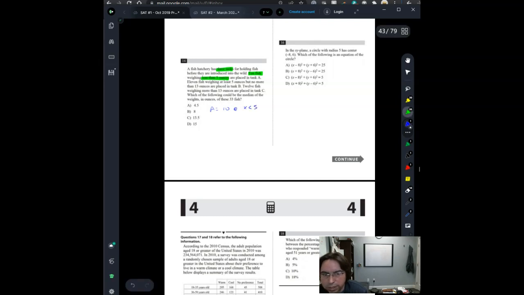Then tank B is telling us 11 fish weigh at least 5 ounces, but no more than 13 ounces. So B has 11 fish, and they are at least 5 ounces but no more than 13. So they could be 13, but no more than 13.